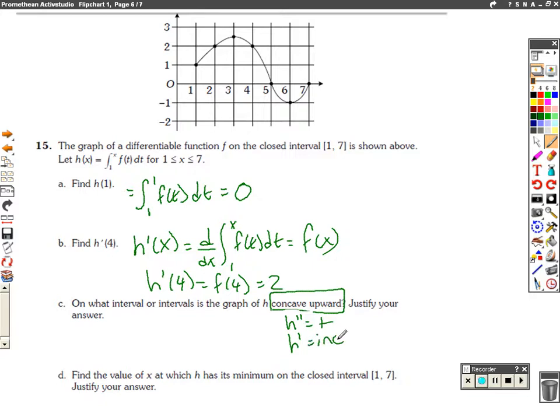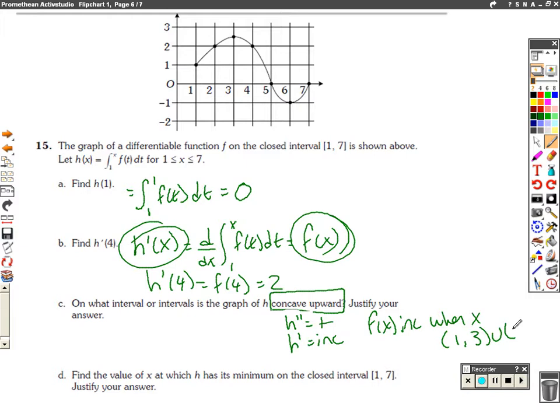Well, since we know that f of x is h prime, when is f of x increasing? Let's look here, when's this increasing? From 1 to 3, and from 6 to 7. That's when the derivative is increasing.